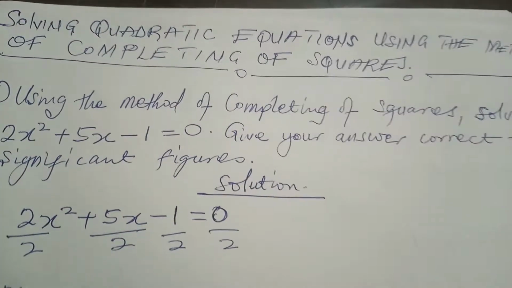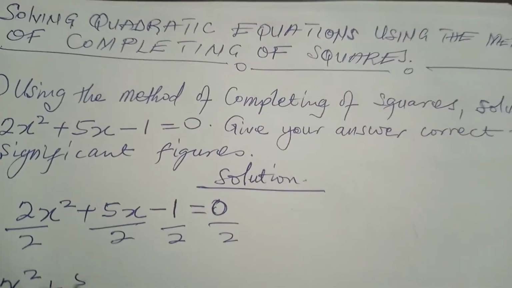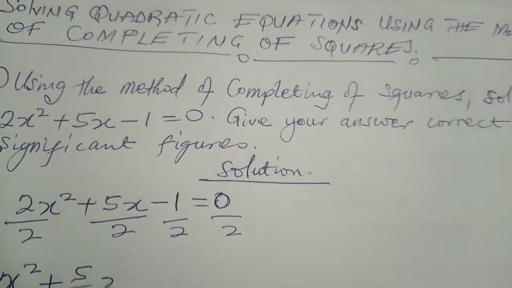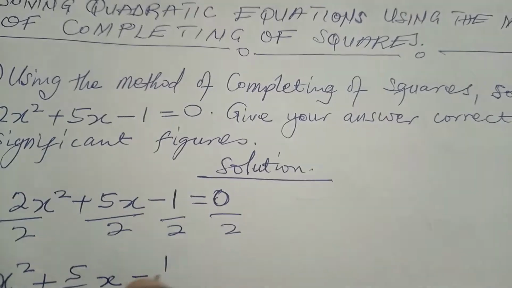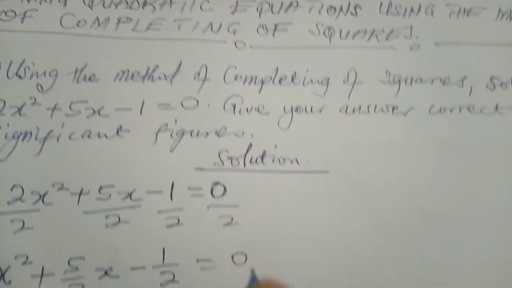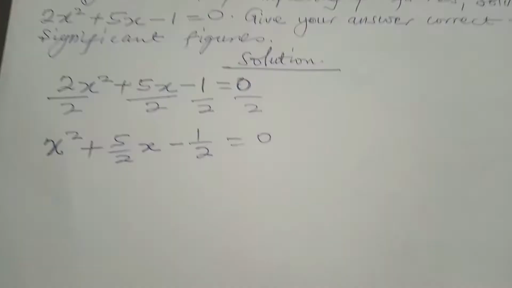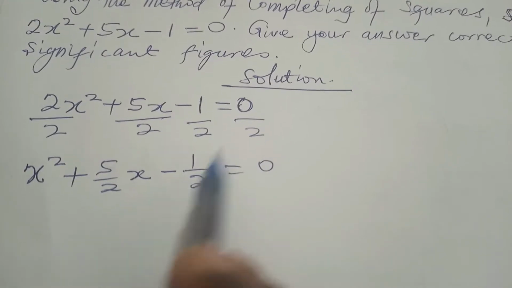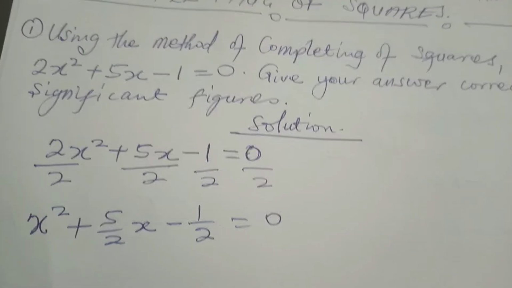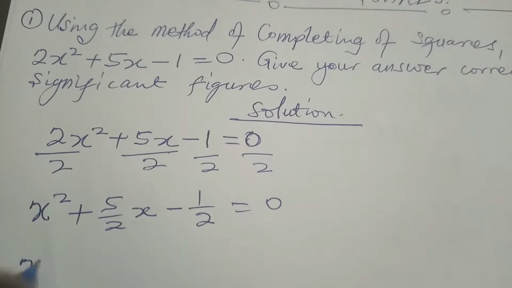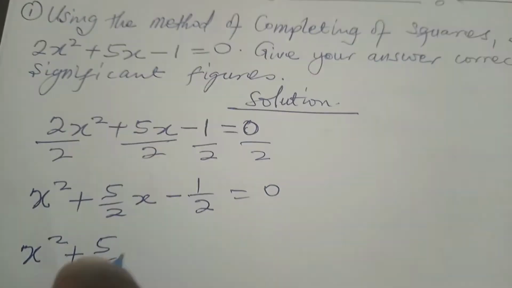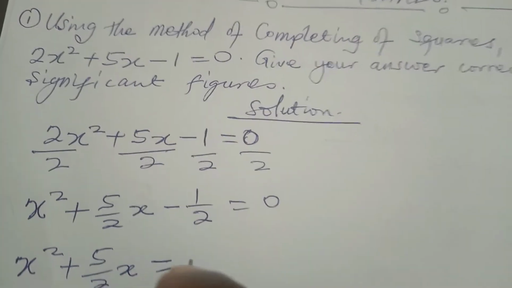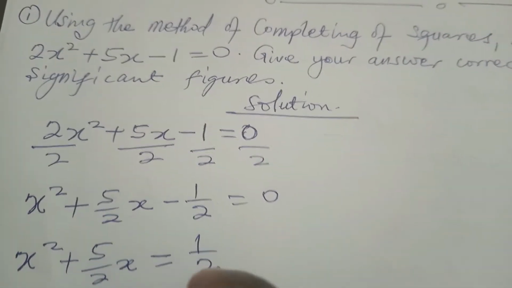That will give us x squared plus 5 over 2 x minus 1 over 2 equals 0. The next step will be for us to move this constant term to the right. We'll have x squared plus 5 over 2 x equals 1 over 2.